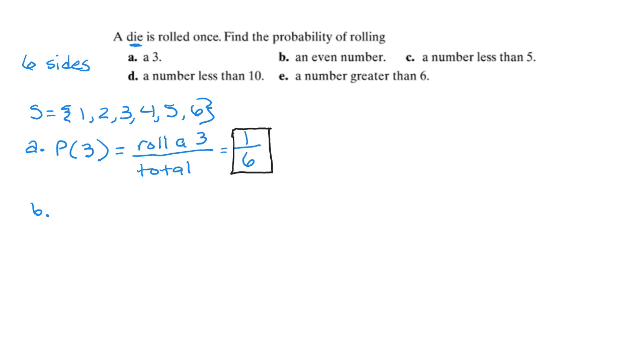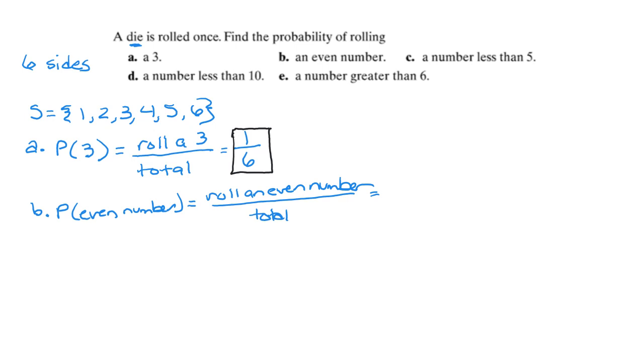All right, for B, it says, what is the probability of rolling an even number? So I'll just write down probability of an even number. Once again, we need to remember we have the event of rolling an even number, over the total.